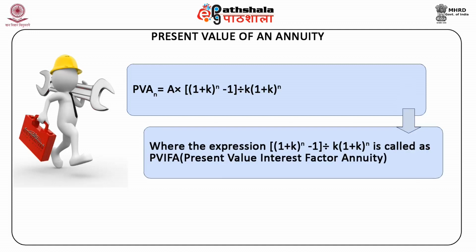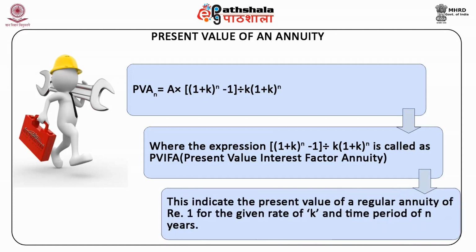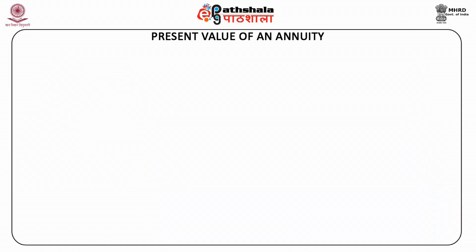This expression is called PVIFA, present value interest factor annuity, and it indicates the present value of a regular annuity of rupee 1 for the given rate of K and time period of n years.